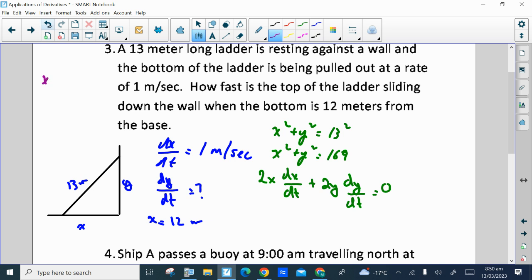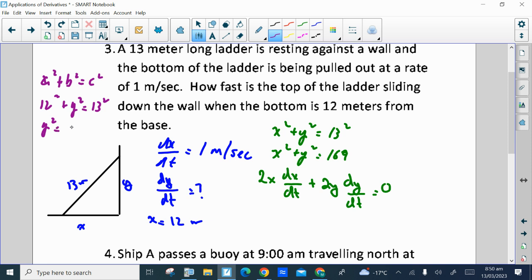So if we use Pythagorean theorem here it'll be a squared plus b squared equals c squared. It doesn't matter whether we say a is x or y. Let's just say it's x, so that'll be 12 squared plus y squared equals 13 squared.